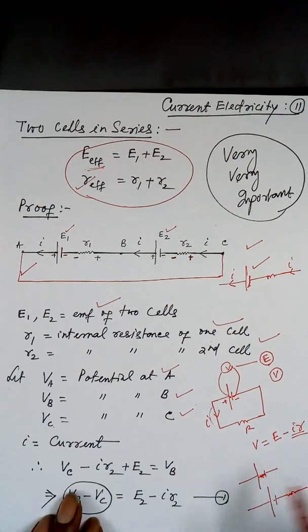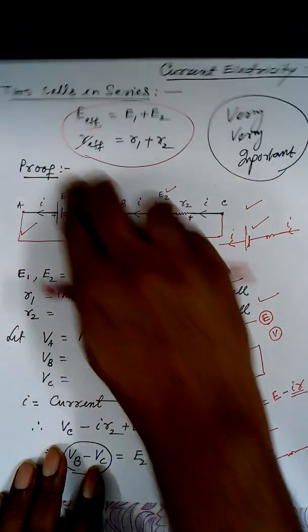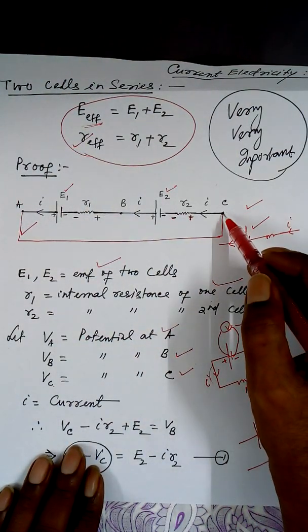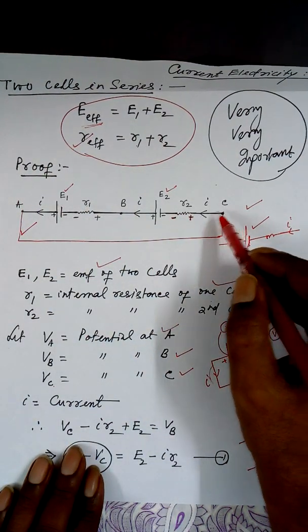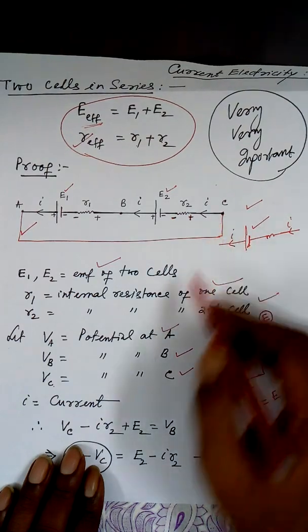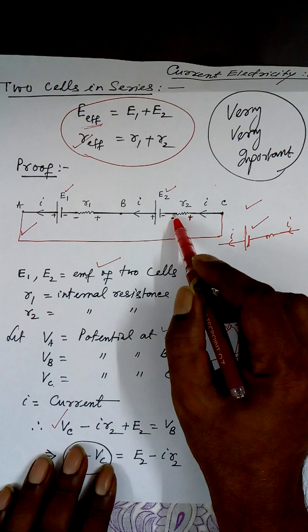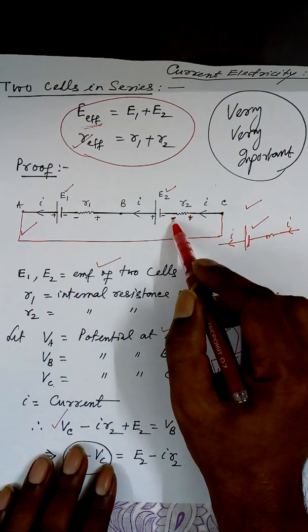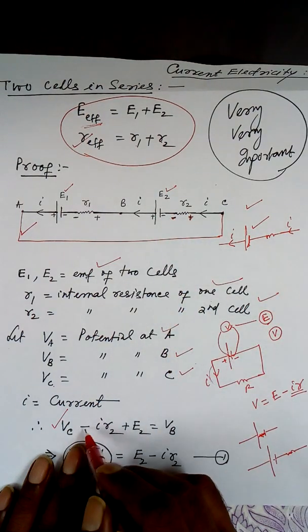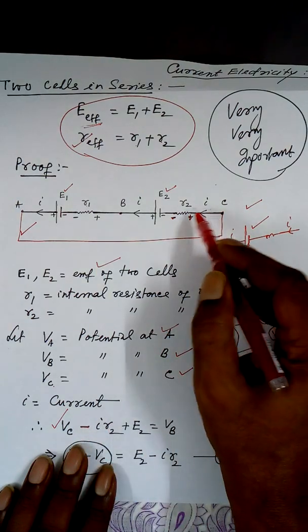Now, look, let us go from C to B. Potential at C. Then going from here to here, from higher potential to lower potential, there is a drop, so minus I into R2.